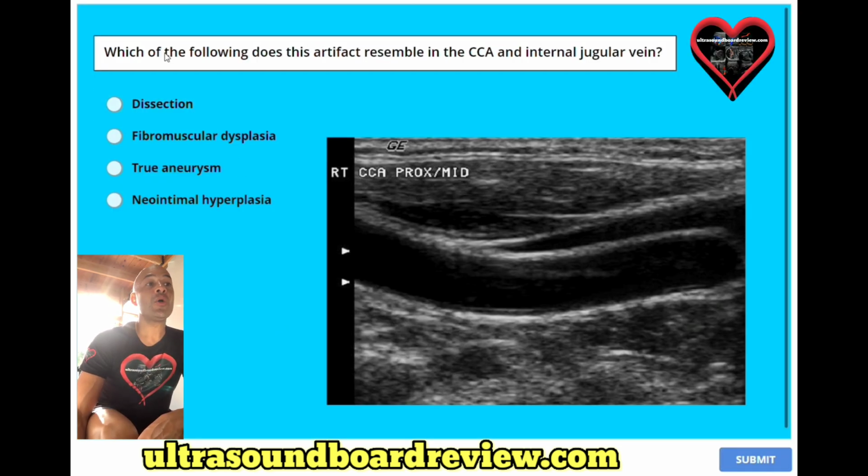Question 36. Which of the following does this artifact resemble in the CCA and the internal jugular vein? A, dissection. B, fibromuscular dysplasia. C, true aneurysm.